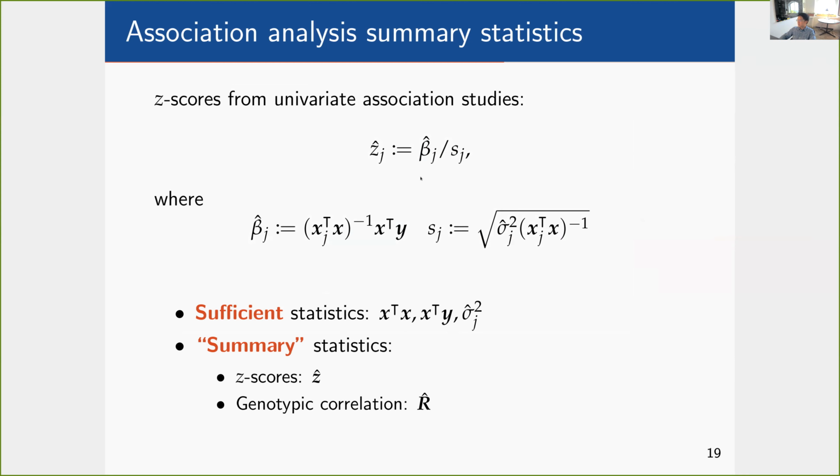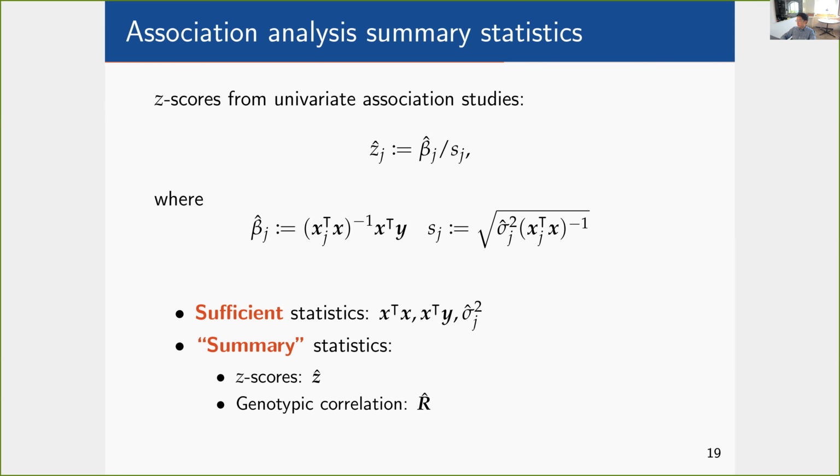Of course, many people might be familiar with what z-scores are from univariate associations. It's approximately equal to the effect size divided by the standard error, where the effect size follows a linear regression. So if you use the ordinary least squares estimate, this is where you compute the effect size, the standard error for it, and the z-score.